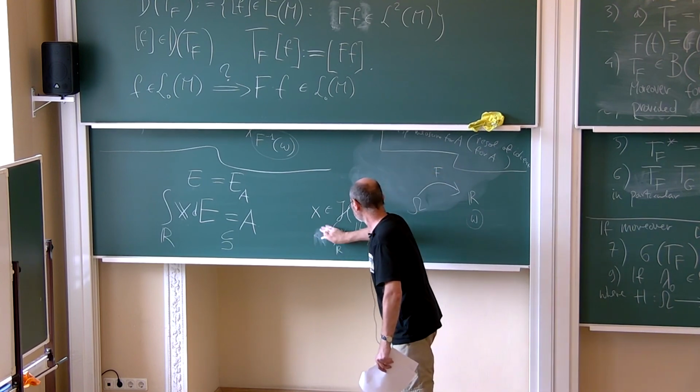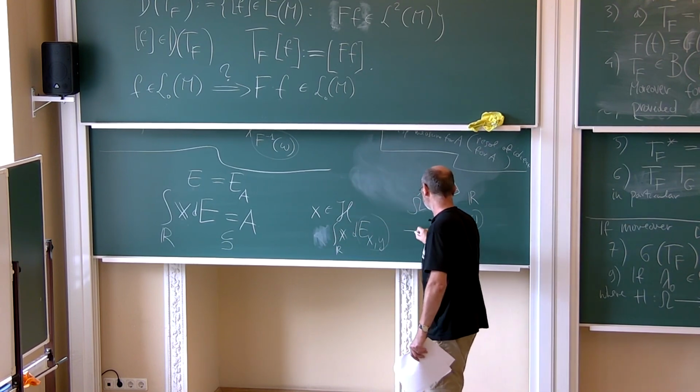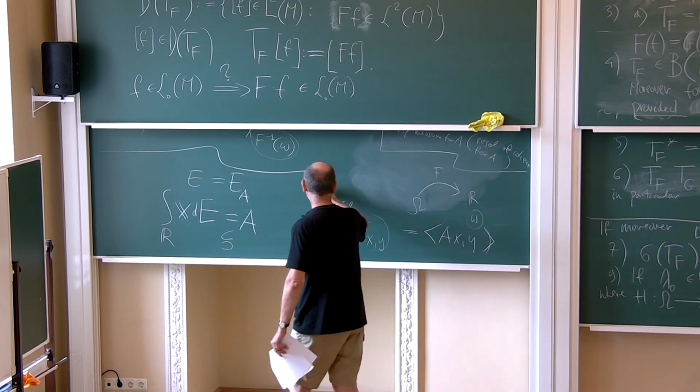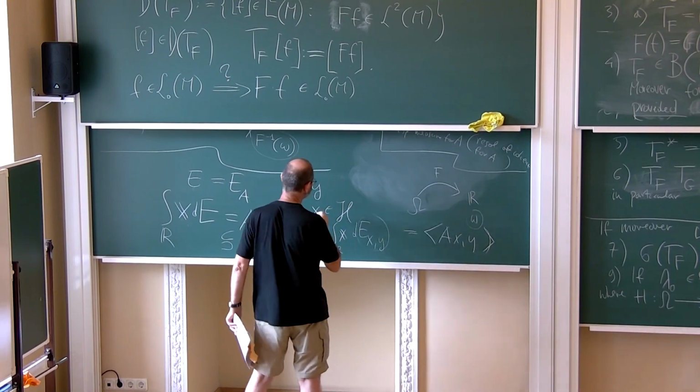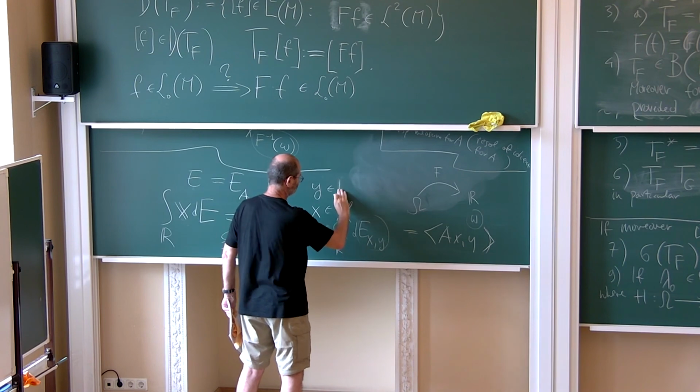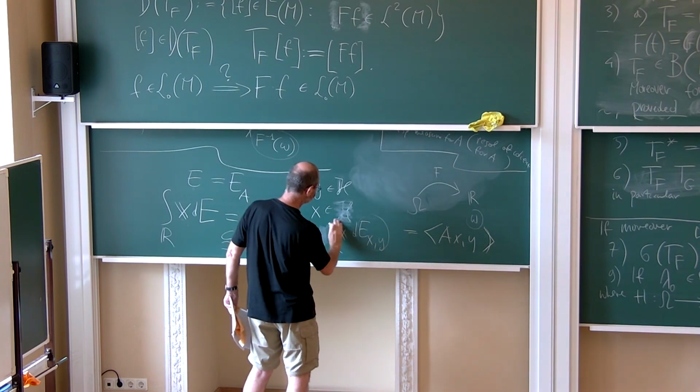Yes, and by the definition of spectral measure, this is a complex measure, and we should take something like this. So I'm sorry, here there's nothing, and on the right hand side we have A x, y, and it should be checked for any y, and x should be from the domain.